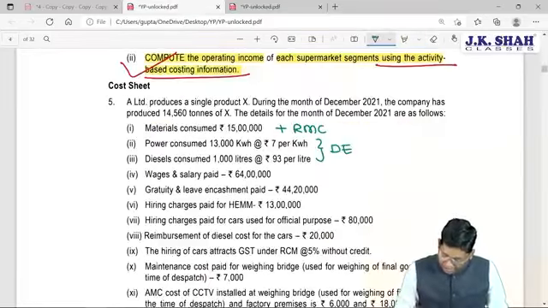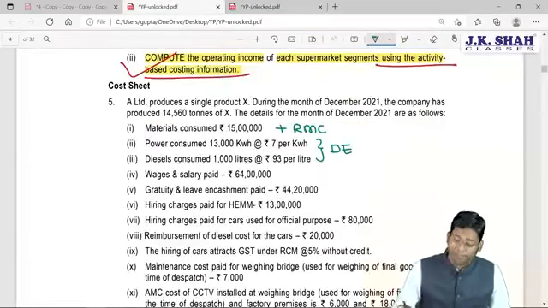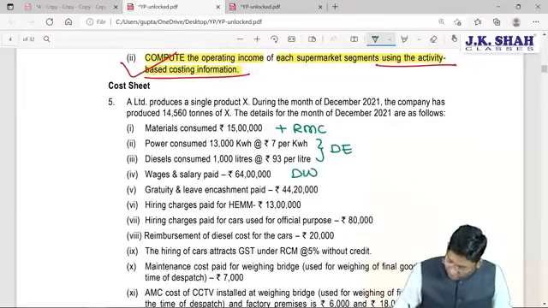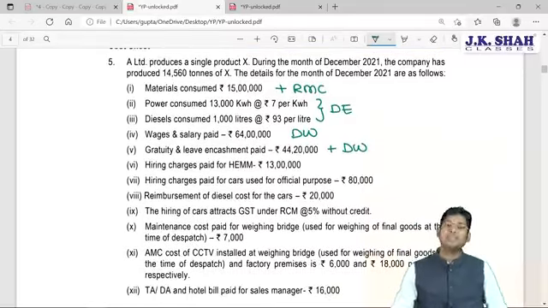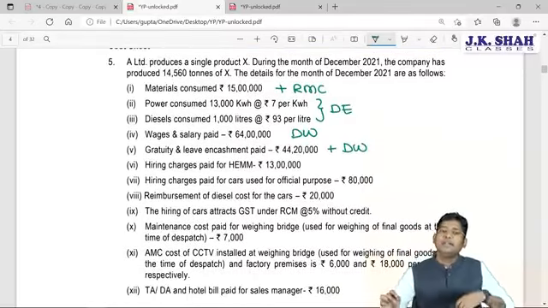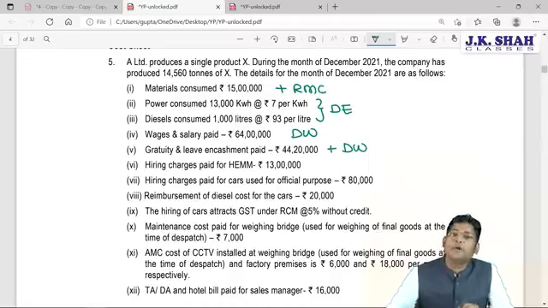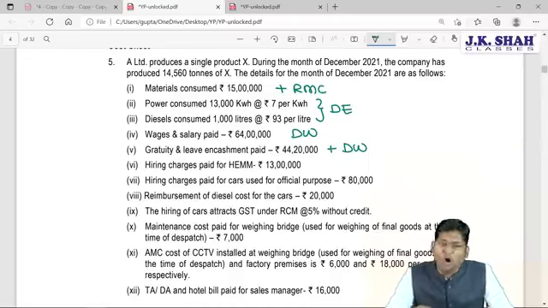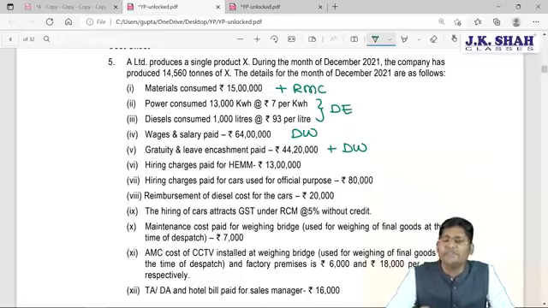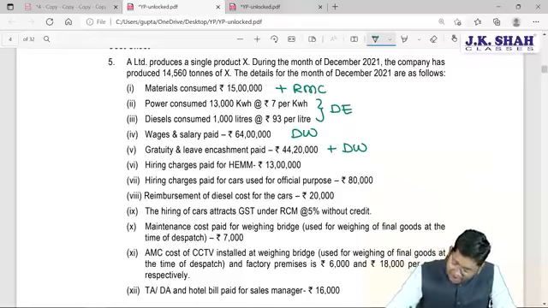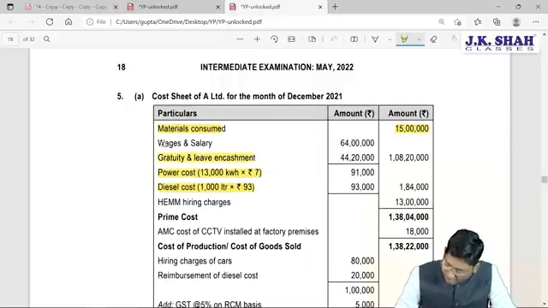Now, the next item is wages and salary and gratuity and leave encashment paid. Wages and salary is direct wages for us, and whatever fringe benefits you are giving to your workers and employees will be treated under direct wages, like provident fund contribution and contribution to employee state insurance fund. All the benefits which you are giving to your workers are to be considered as wages, and that's why both the amounts are added over here.